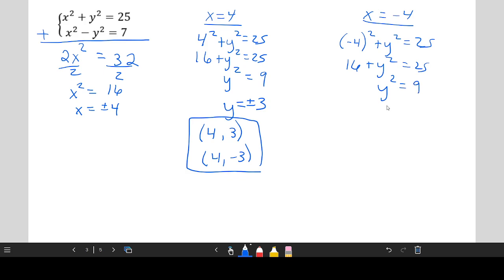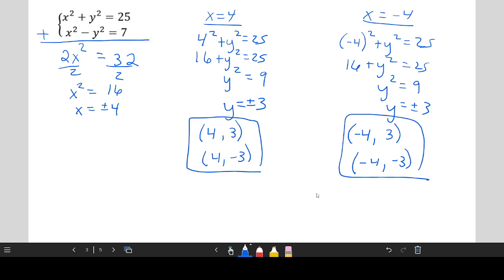And once again, we end up with y squared is 9. So the y values here are 3 and negative 3 as well, but we're finding 2 new points because remember we used a different x value. So when x is negative 4, y can be 3 or negative 3. So we have 4 solution points for this one.